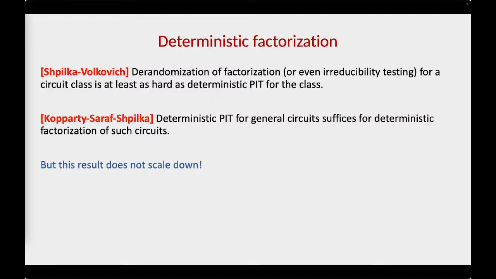This is a statement about general unbounded depth circuits. It says that if you have deterministic PIT for general unbounded depth circuits, then you get deterministic factorization for such circuits. If you want to invoke it for, let's say, constant depth circuits, you still need deterministic PIT for general circuits. So it does not scale down.